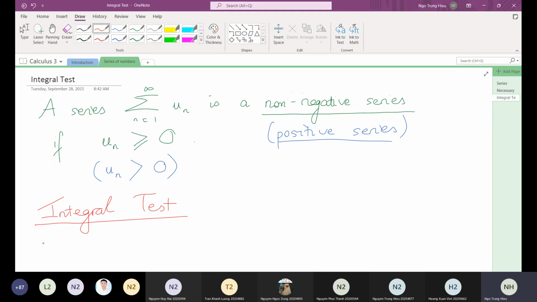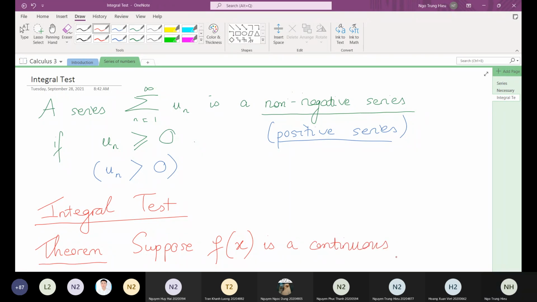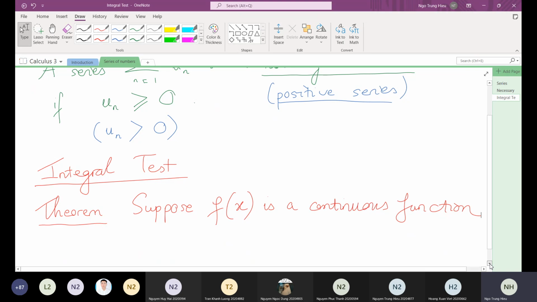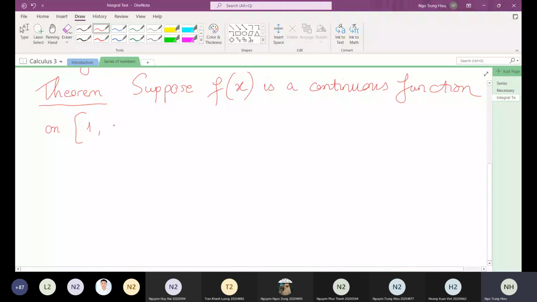So suppose f of x is a continuous function, and it is defined on the interval 1 to infinity.